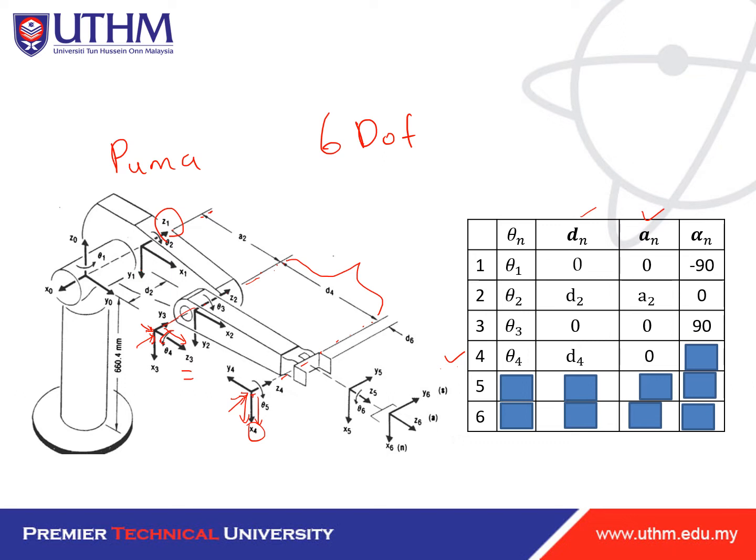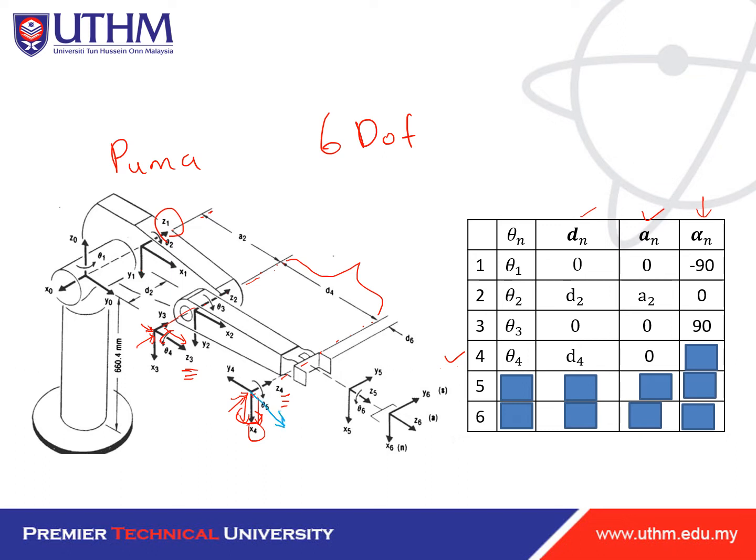Now we want to find the alpha 4. Alpha 4 is the rotation about x4, so that z3 will become the same as z4. I want to use blue color to show the z3. z3 is like this.